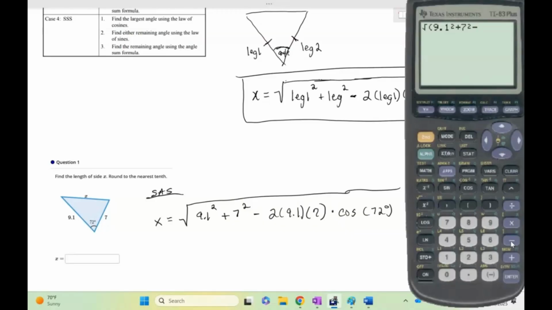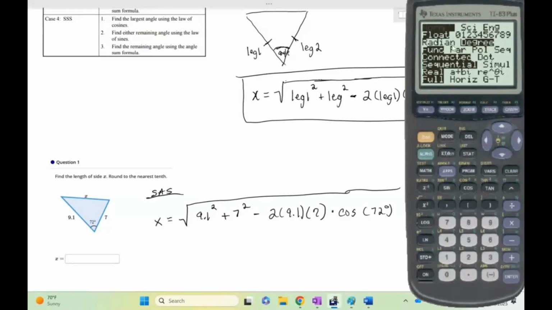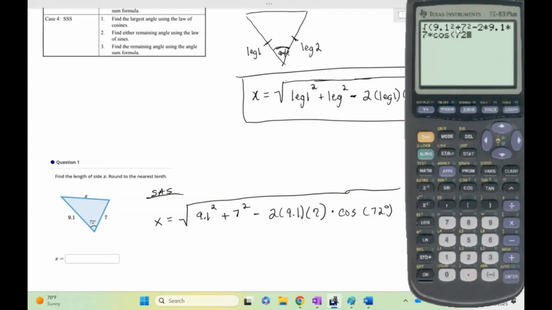I'm just going to use a multiplication symbol to reduce the amount of parentheses I'm using. So this is 2 times 9.1 times 7 times the cosine of 72 degrees. Let me make sure I am in degree mode, which I am. I want to close off my argument for cosine, and I want to close off my radical. So I have an even set of parentheses, 1, 2, 3, 4, and I get 9.6.